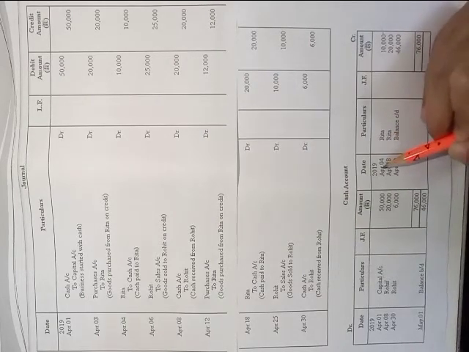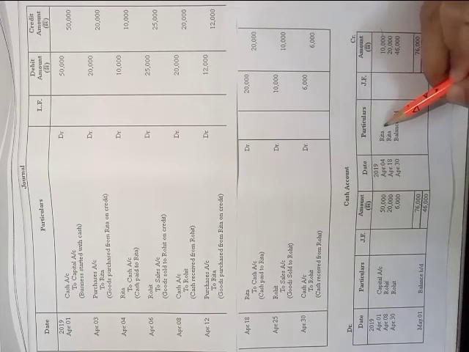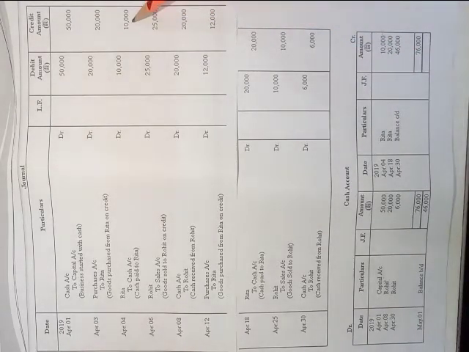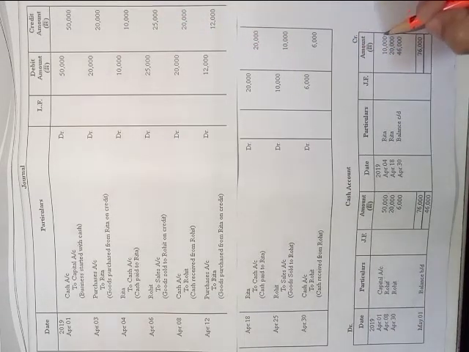On the credit side, first we write the date, April 04, and the other account is Rita account, which has been debited. So here I write Rita account, and the cash transaction is of 10,000.